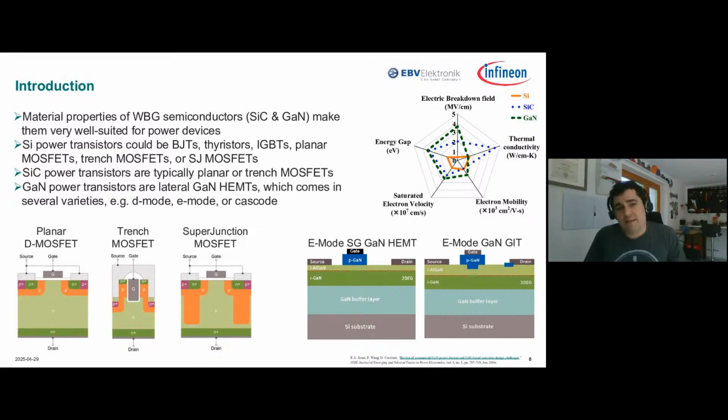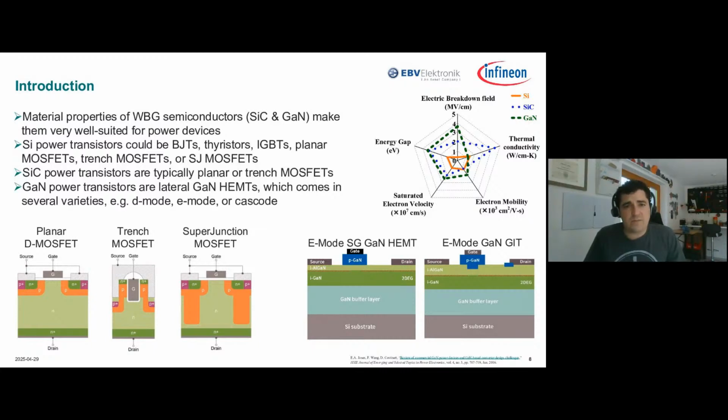But that's not the reality, because for silicon, there's a wealth of different devices that you could choose: JFETs, thyristors, planar or trench MOSFETs, superjunction MOSFETs, IGBTs. For silicon carbide, we essentially are just looking at planar or trench vertical MOSFETs, whereas for GaN, things change quite a bit.